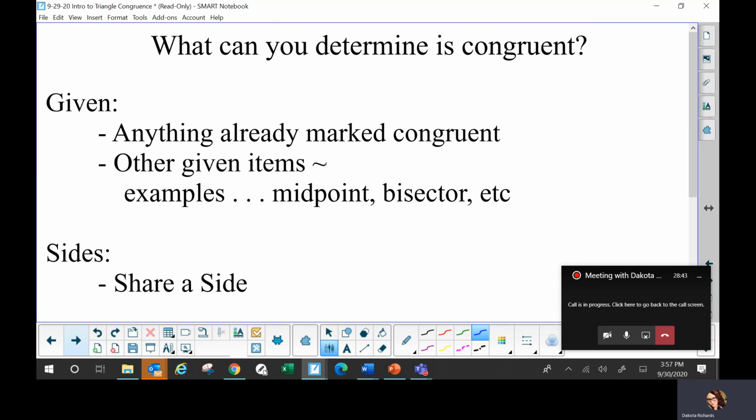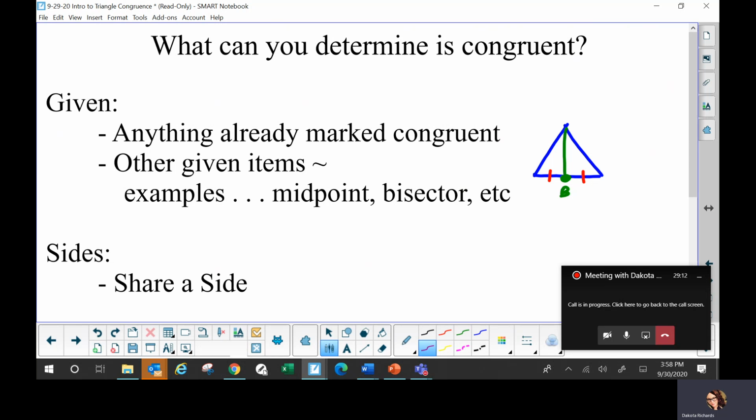If you have a midpoint, so for example, if you have a triangle and it says, let's say point B, that's your midpoint. That means this side and this side are congruent. Or if you had a bisector that cuts lines in half and that cuts angles in half. So you have to know to mark that when you get to that kind of thing.